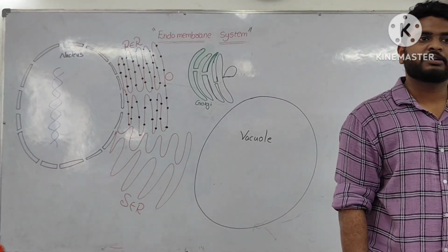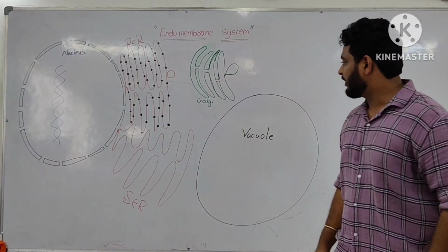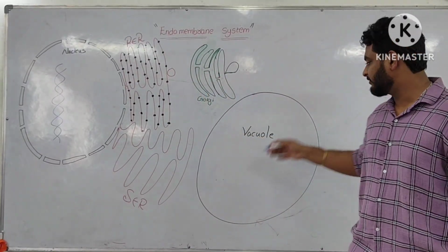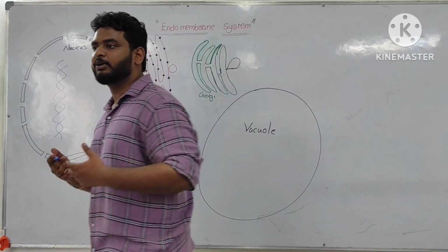Alright, these cell organelles include endoplasmic reticulum, Golgi body and lysosomes as well as vacuole. These 4 organelles are always coordinated to each other.